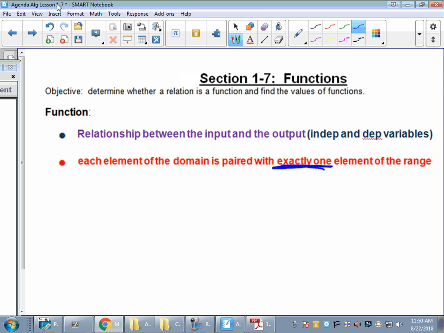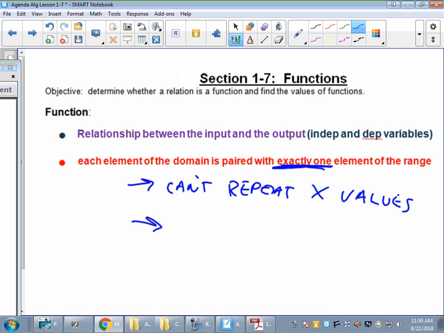Sometimes that's confusing. So another way to think about that is that you can't repeat the x values. Can't repeat your x values. But you could repeat the y values.